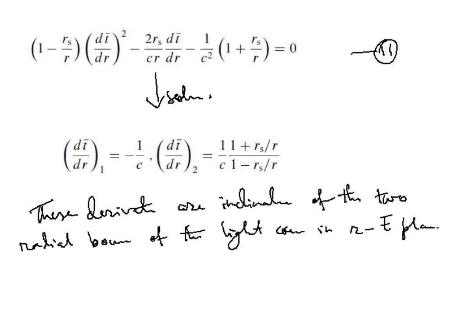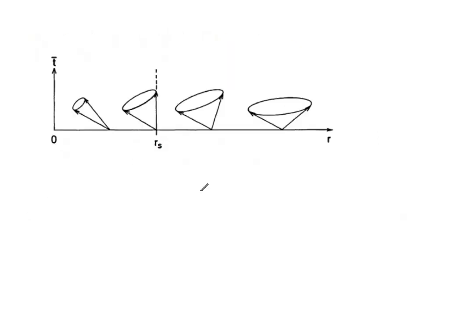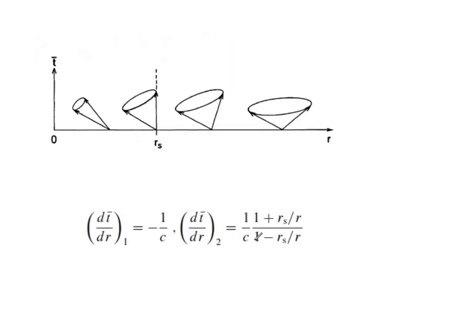Let me show this solution over here as well. What happens is that with decreasing r, this second derivative becomes larger, so the light cone becomes narrower and narrower, and its axis also turns to the left.